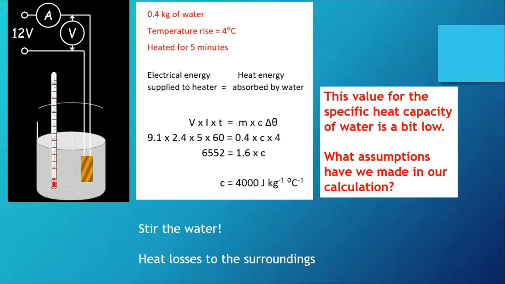So we might have had an m c delta theta term for the glass, for the heater, and for the thermometer itself. We could also have put a lid on the beaker. We could have lagged or insulated the beaker to reduce heat losses to the surroundings. And we've got to be careful about these points in exam-style questions.